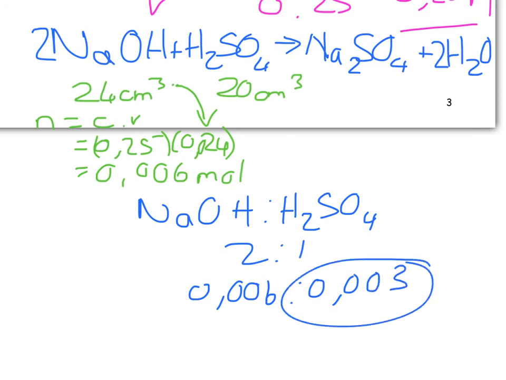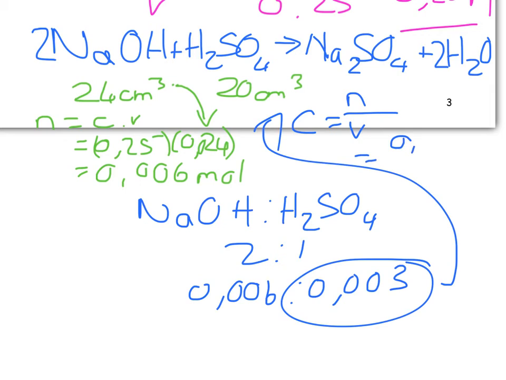I then take that number of moles and I can work out my concentration. Concentration is equal to number of moles divided by volume, which is 0,003 divided by 0,02, because again I've got to convert that into decimeters cubed. And I land up with a concentration equal to 0,15 moles per cubic decimeter, which again is molar.